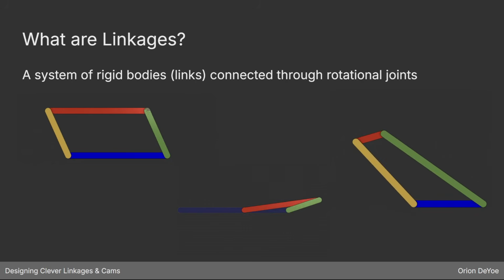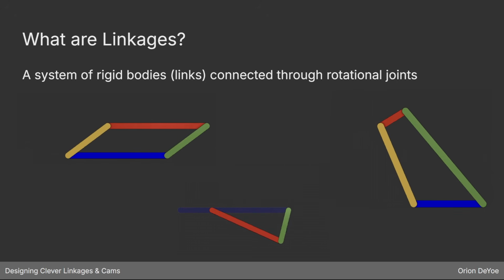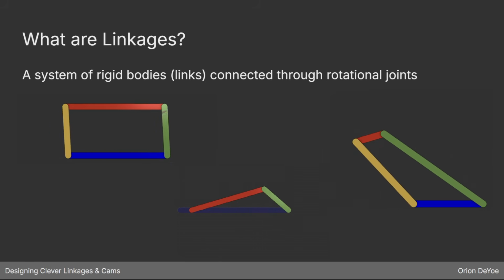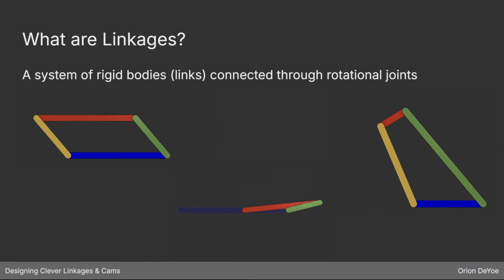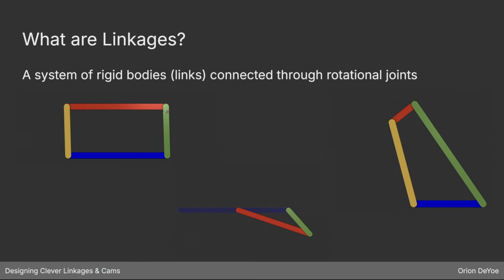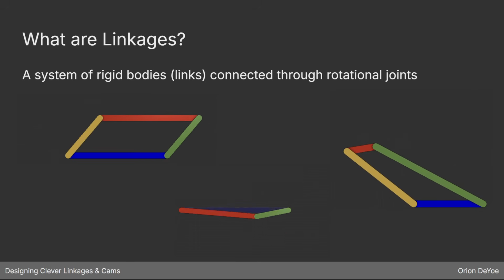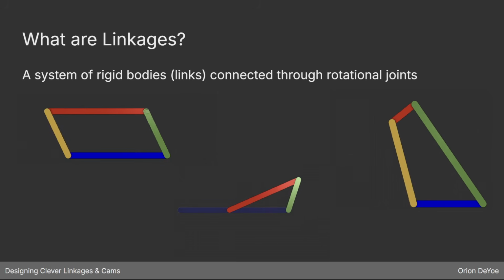All right, so we're going to start off by talking about what are linkages and cams. Linkages are a system of rigid bodies called links, and they're connected together through rotational joints. There's some examples here on the screen of some different types. We'll go into a little bit more detail later, but the key thing is you have these rigid pieces, and they have rotating joints at their ends.